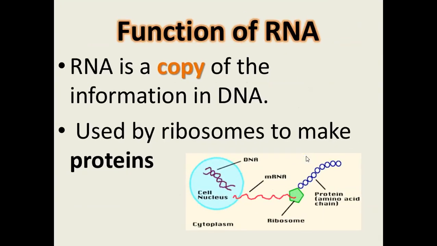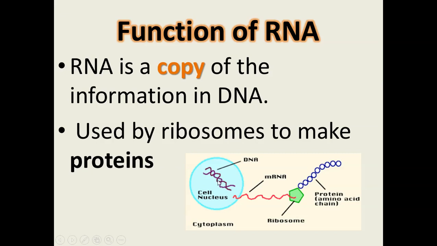All right, so the function of the RNA. The RNA is a copy of the information in the DNA, and we will practice with that later. The bases, the A, T, C, and G, will be copied over into the RNA form. They're going to be used by ribosomes to make proteins.